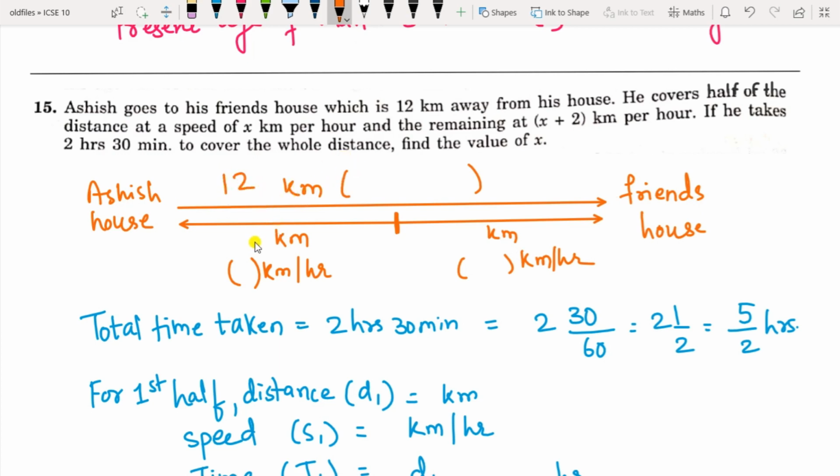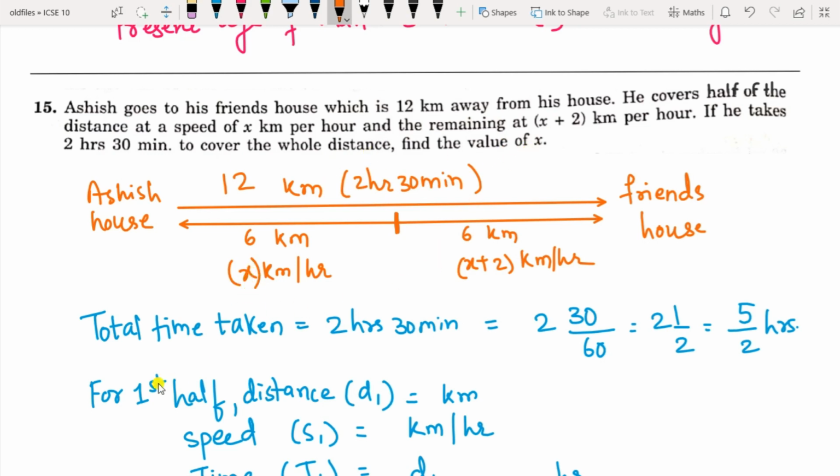Half of the distance, half means 6 km, he covers with a speed of x km per hour. And then the remaining, the next 6 km, he covers with a speed of x plus 2 km per hour. If he takes 2 hours 30 minutes as the total time to cover the whole distance, you have to find the value of x here.